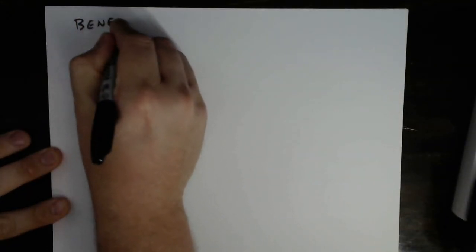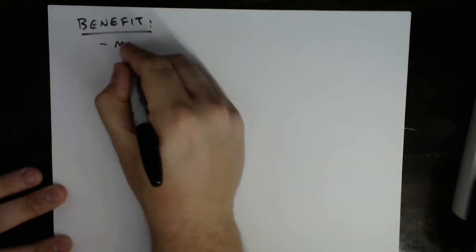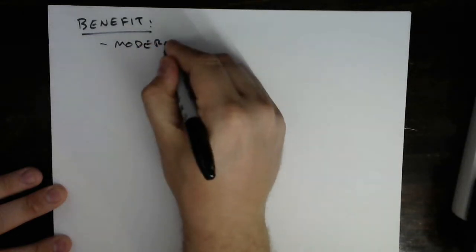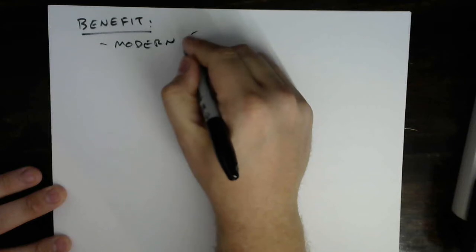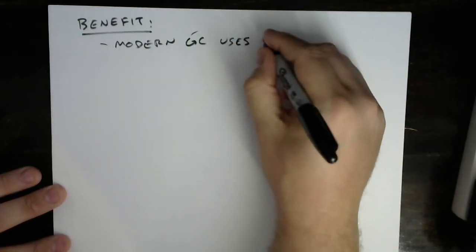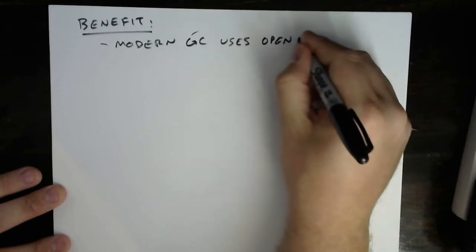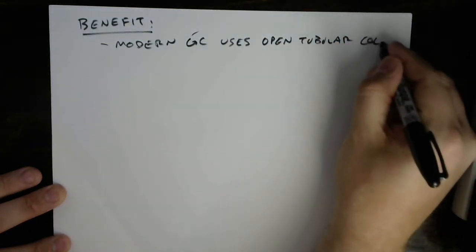So here's the big benefit of GC. Modern GC, this was not always true. GC was invented with packed columns the same way LC was, but modern GC uses open tubular columns.